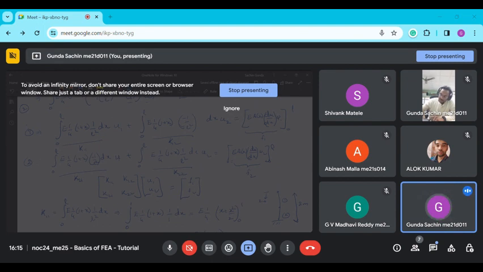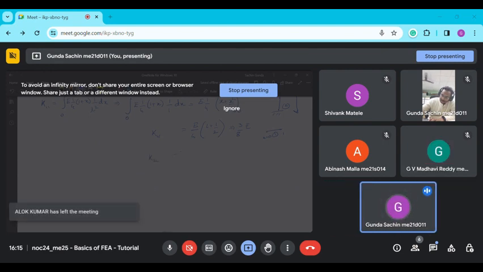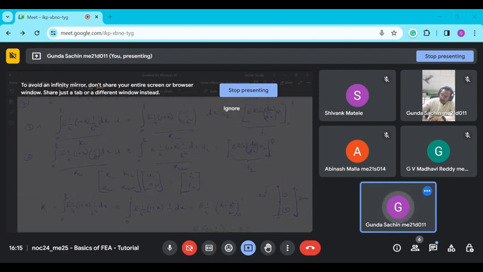If you notice here, K22 is just minus 1 by L square. Every term is the same, just the coefficient is negative. So K12 will be minus 3 by 8 E, and K21 and K12 are similar, exactly the same terms are present.